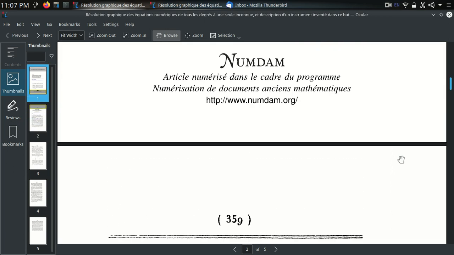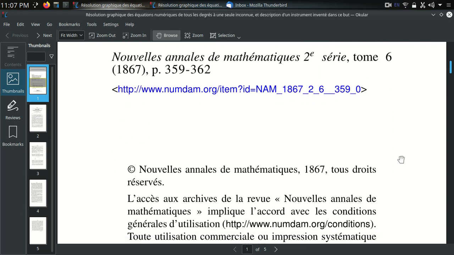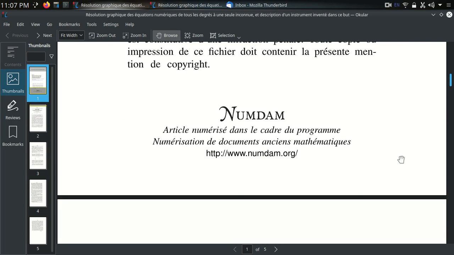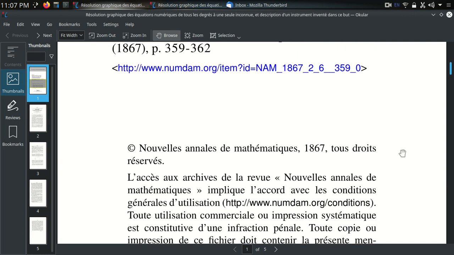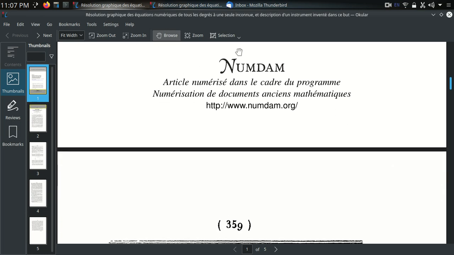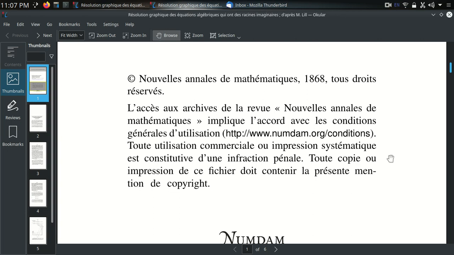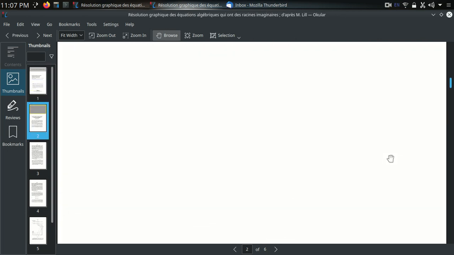And this was presented by Lill about 25 years later, give or take, depending on which date you're considering. This would be 156 years ago, and a year after this, he presented this, which shows how to find complex solutions.